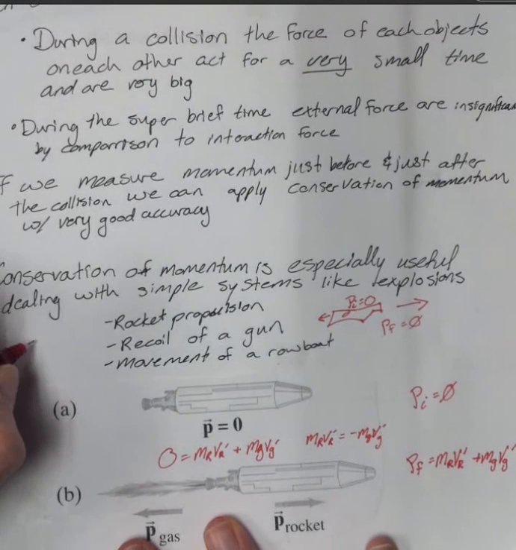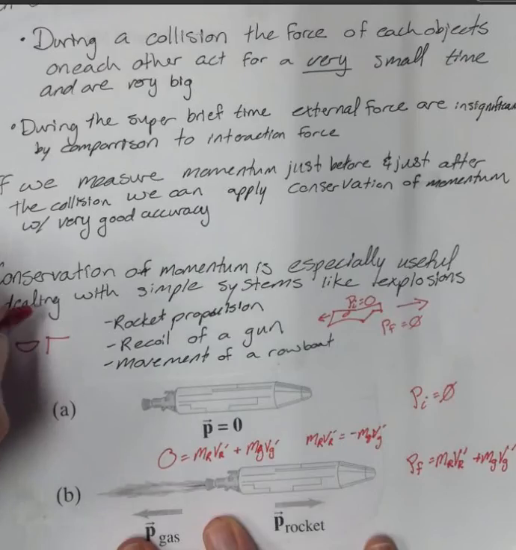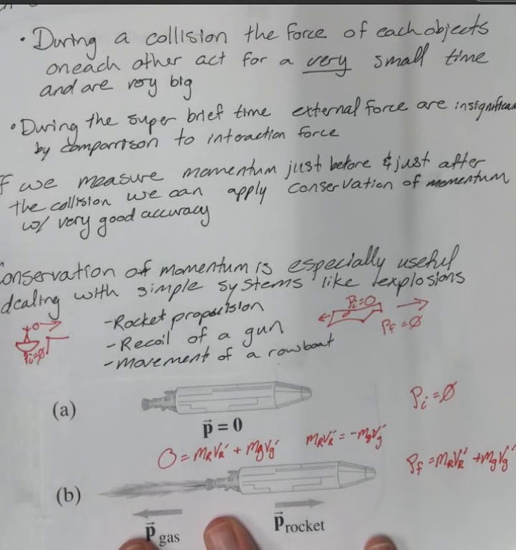If you're in a rowboat, and you decide to throw something out of the rowboat, if your rowboat was stationary initially, if the momentum was 0 before, and you throw something that way, then that means that you must move in the opposite direction just because your momentum must be conserved. And that's why it would be pretty foolish to decide to try and jump out of a boat and then turn around and dock it. You should dock it before you jump out.